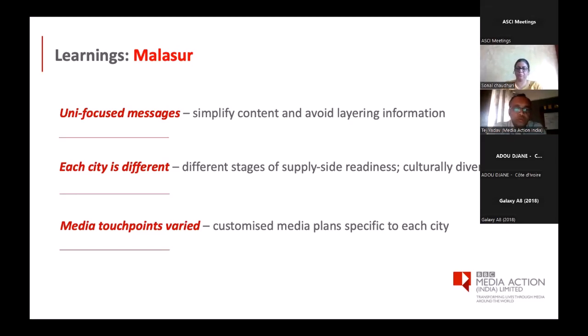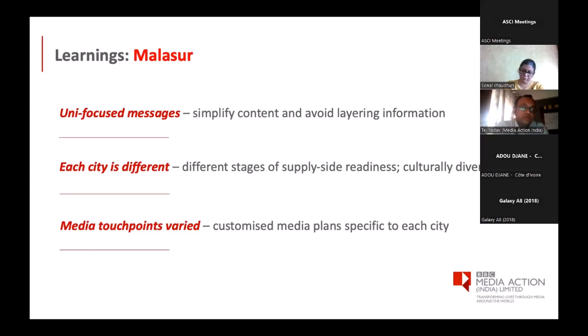Then also we took into consideration the city context. So different cities were at different levels in terms of their infrastructure when this campaign was being implemented. So we had to design our communication accordingly. So for example, if an FSTP was 2 years away from being functional, you can design your communication and call to action accordingly. And similarly, your budgets, etc., will vary.